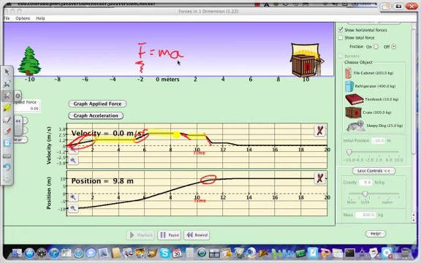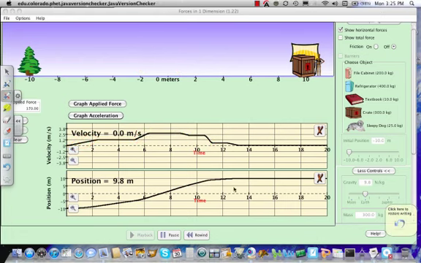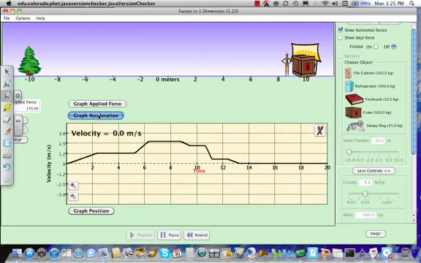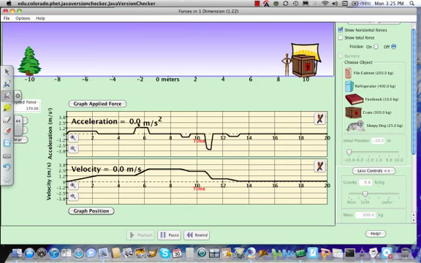So when this is big, then this has to be big. And when acceleration is big, like in here, then the slope of the position versus time graph has to be pretty big as well. We've also seen cases where the acceleration can be negative as opposed to positive.